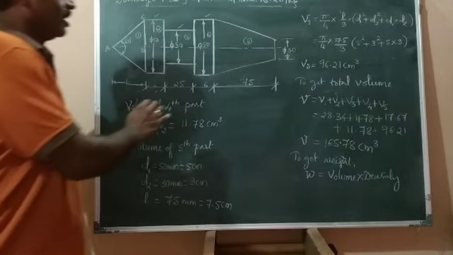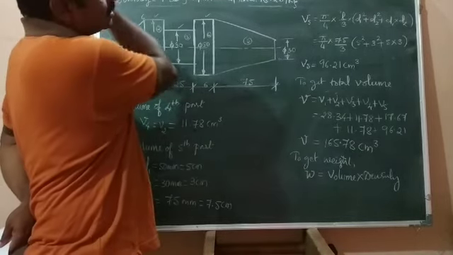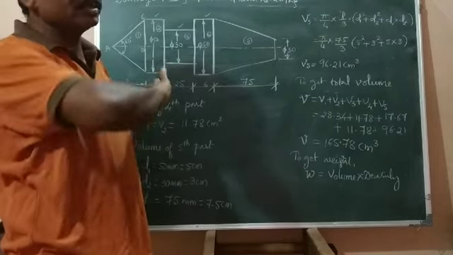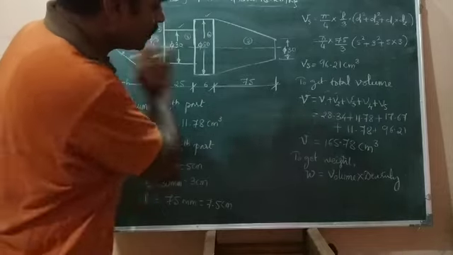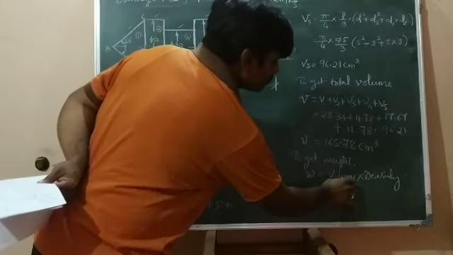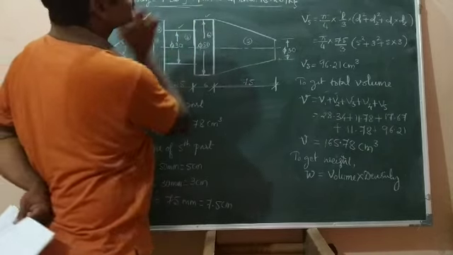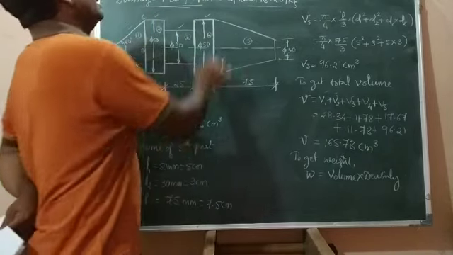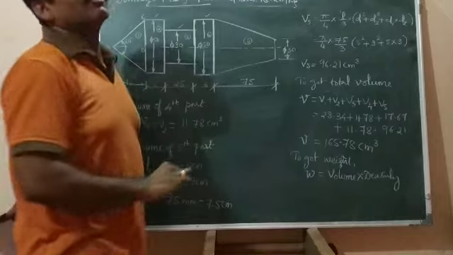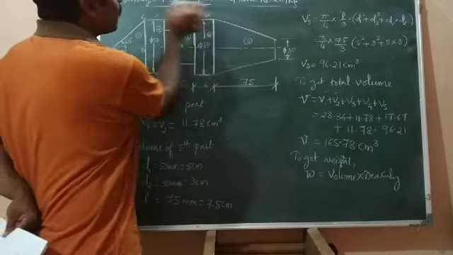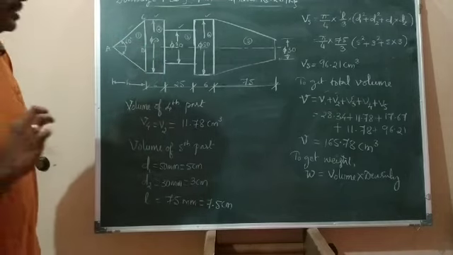Now, in the diagram they have given all the dimensions in terms of millimeter. Just we have converted in terms of centimeter, because when we are multiplying this volume with density, the density factor is given in terms of grams per centimeter cube. So here the volume we require in terms of centimeter cube. So therefore we have converted all the details in terms of centimeter.